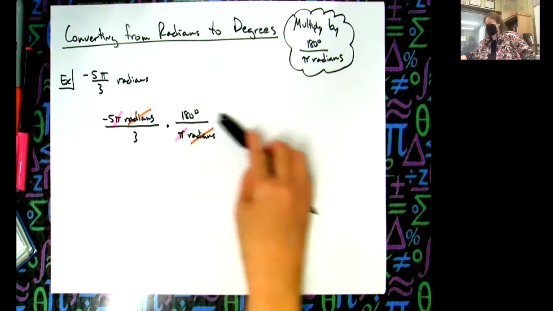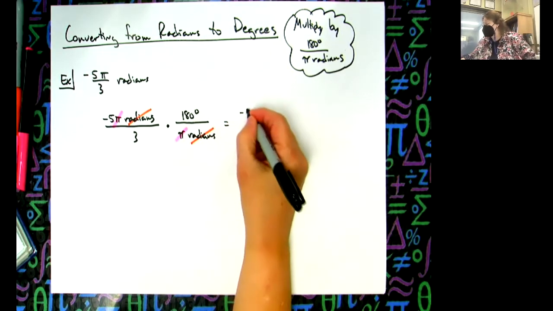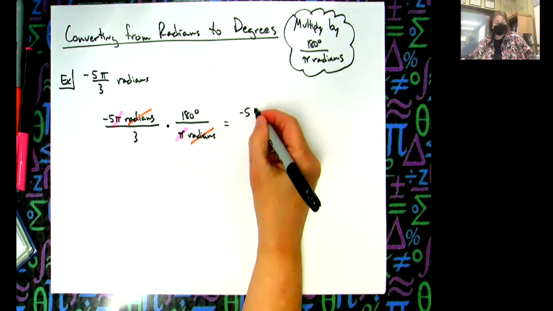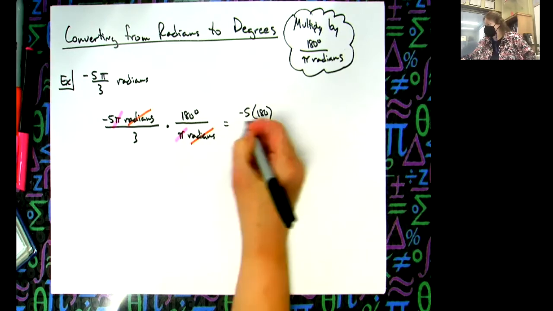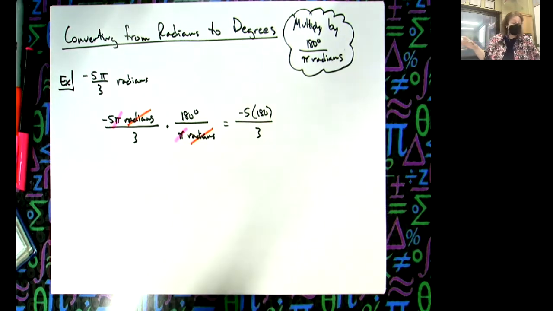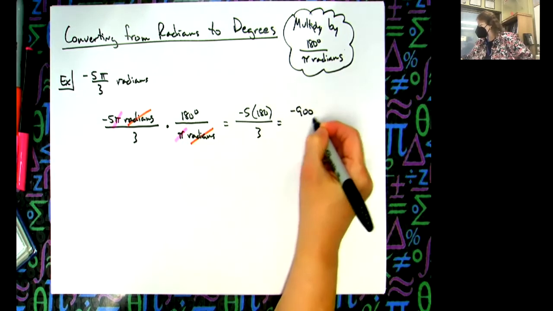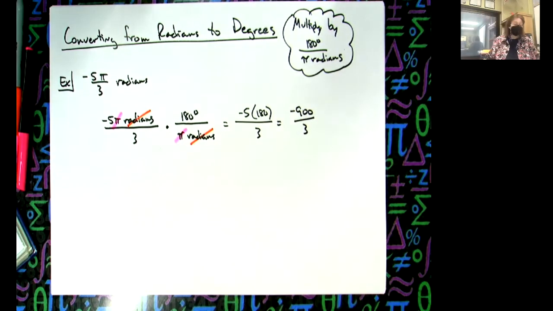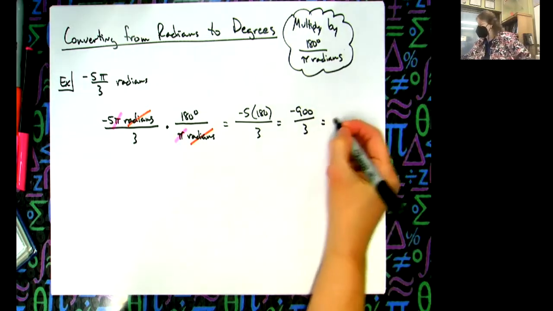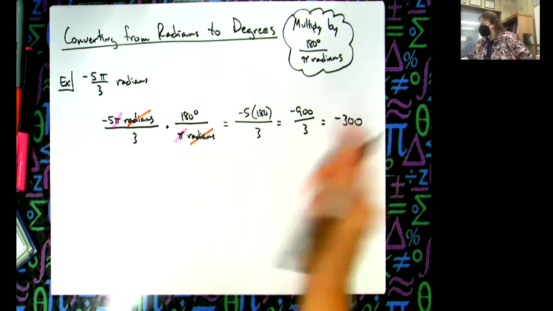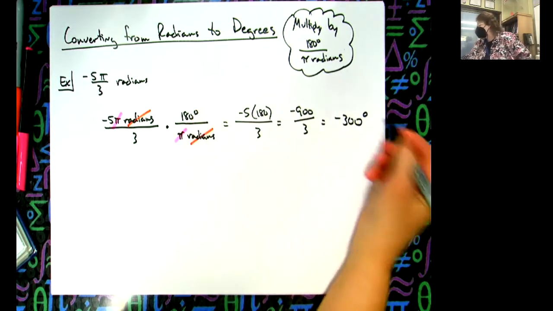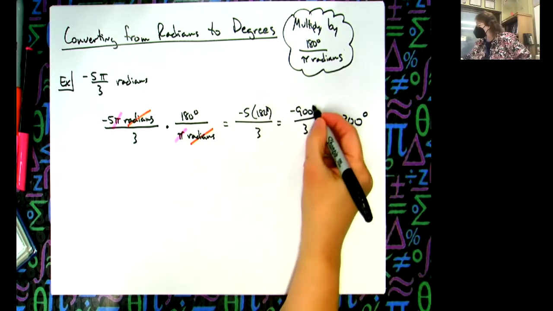So I'm going to go straight across the top, and I'm going to multiply negative 5 times 180. All right, and it'll have 3 on the bottom. I'm going to do all the math there. I think this turns out to be like negative 900 over 3, which is negative 300. The only label I have left is degrees. I guess I could put degrees there and degrees there as well.